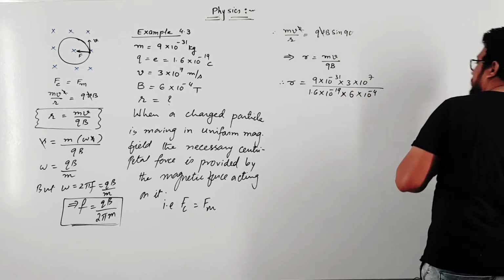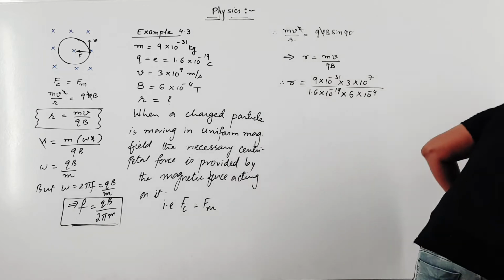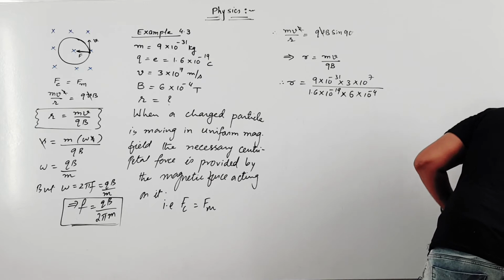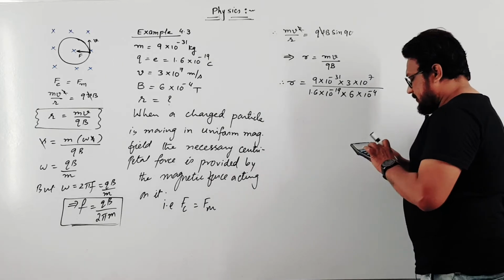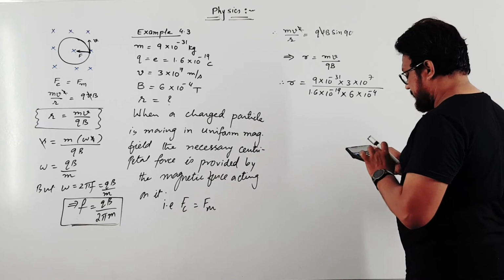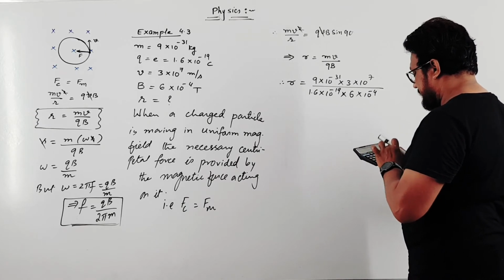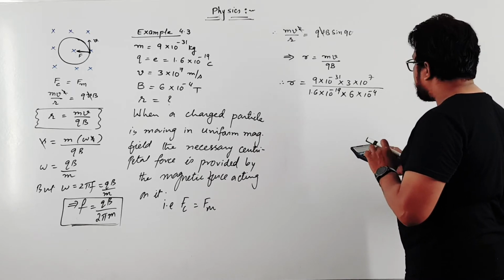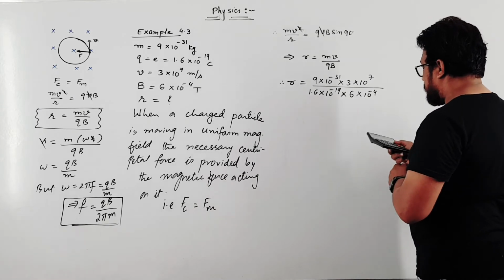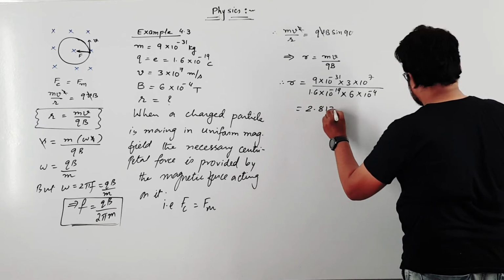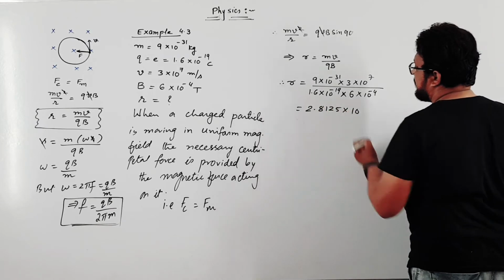So if you calculate this, 9 into 3 divided by 1.6 divided by 6 will give you 2.8125 into 10 to the power.